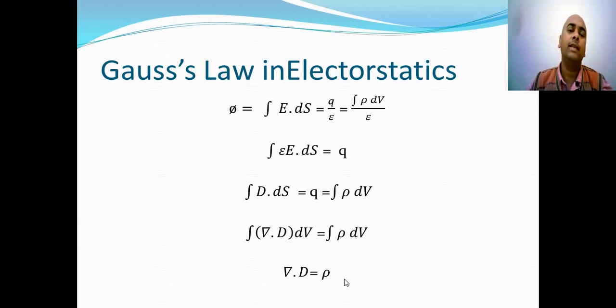Here D is electrical flux density and rho is the volume charge density. So divergence of D is equal to rho is known as Maxwell's first equation in differential form.